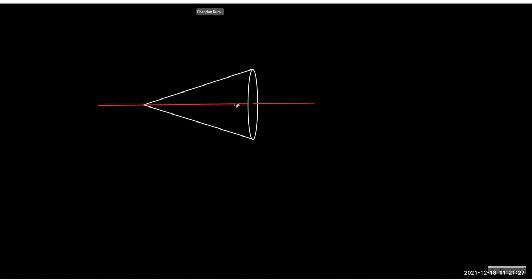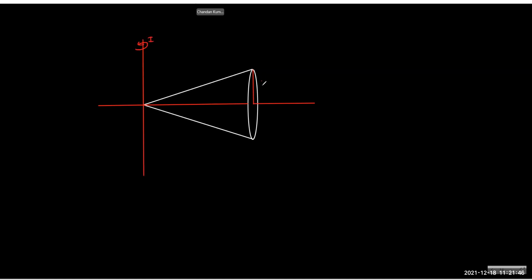You can take a kulfi. So let's say find the moment of inertia about this axis.